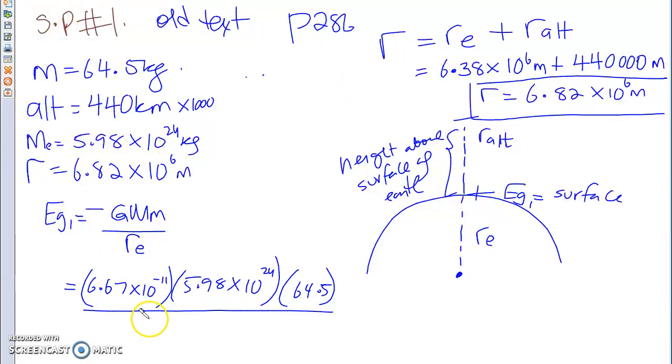And here RE is going to be 6.38 times 10 to the 6 meters. Can somebody give me the value?